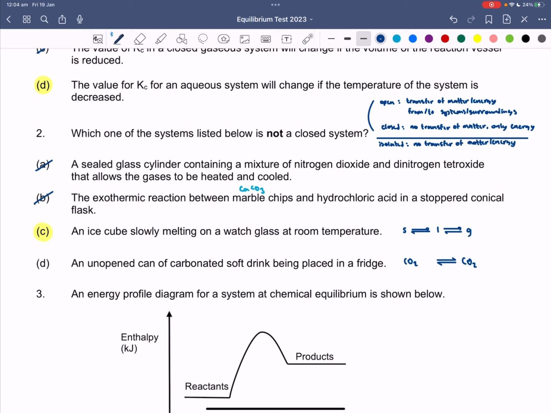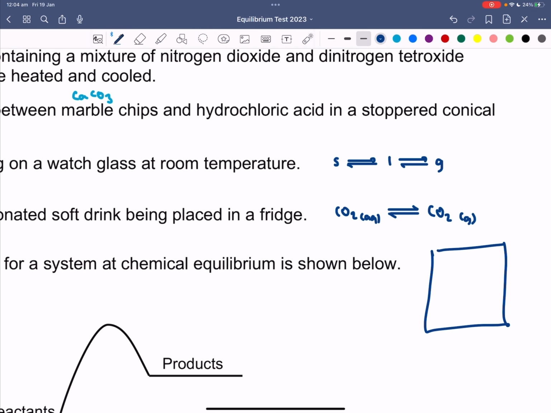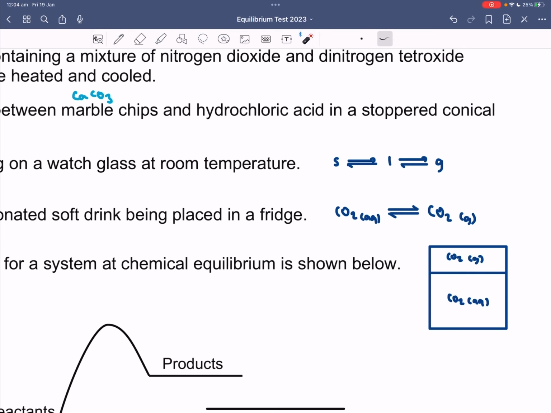So the dissolved CO2 can evaporate, but because it's a closed system, I'm going to draw a picture of this. So let's say we have a Coke can, all right, a soft drink can. In a soft drink can, we have basically Coke inside there, or whatever soft drink you have, and there's CO2 that is dissolved in there. There's also CO2 gas.